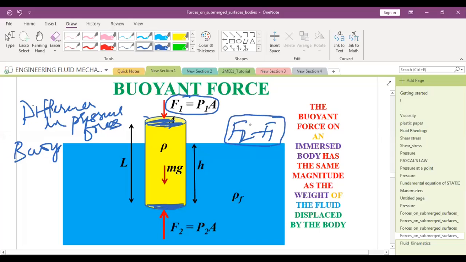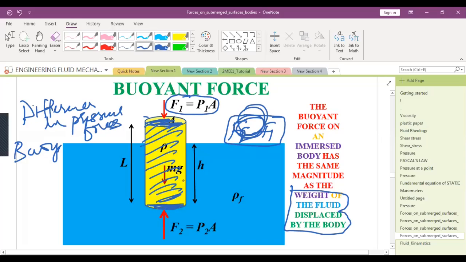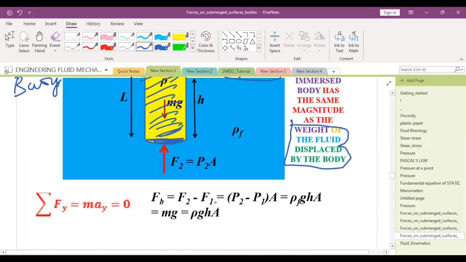And Archimedes found that the magnitude of this buoyant force is actually equal to the weight of the fluid displaced by the body. So in this case, this total mass mg is balanced by the buoyant force, and the buoyant force is equal to this value, that is rho g h into A, and that is also equal to rho fluid g h A. So that should be clear, and there is a mistake here.